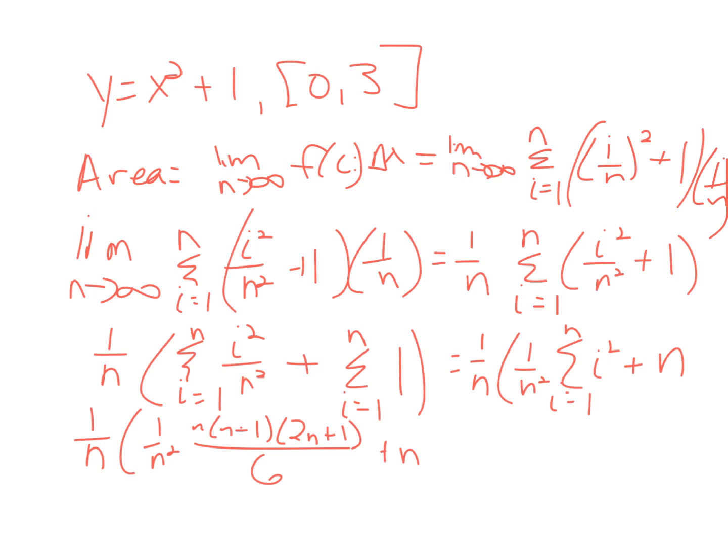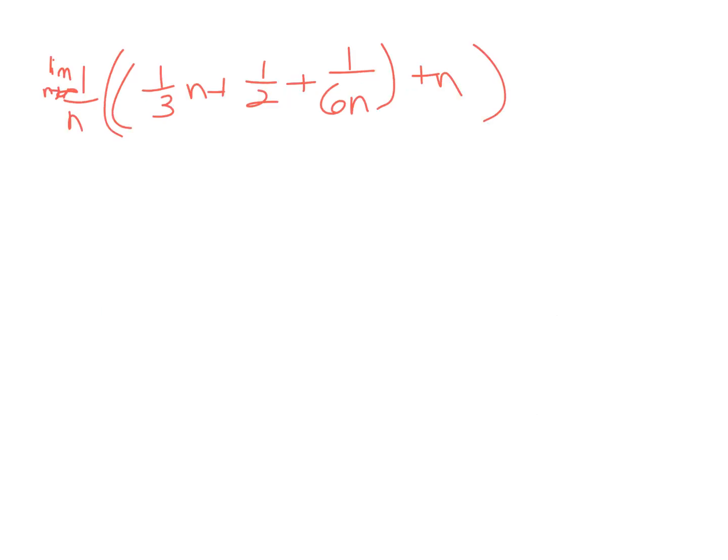If we FOIL out this whole thing right here, that will get us 2n cubed plus 3n squared plus n over 6, plus n. And I'll go on the next page because we're almost done.